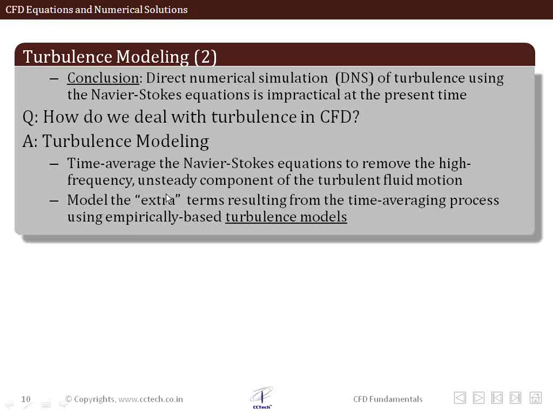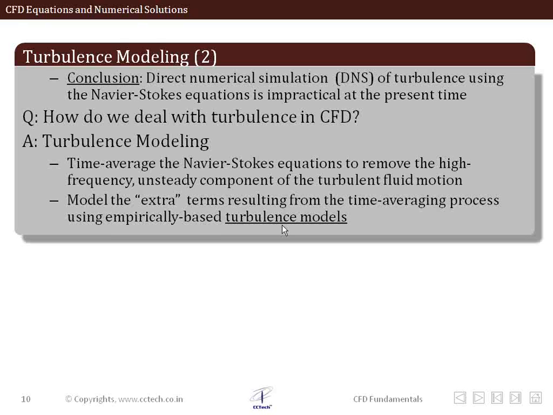We get some extra terms in the process. I'll be discussing this, by the way, in more detail in the turbulence modeling lecture. But what we do is we try to modify the Navier-Stokes equation. We try to time average them. And there are some extra terms which come as a consequence, which we try to find out through some empirical relations, and this constitutes what are called the turbulence models.